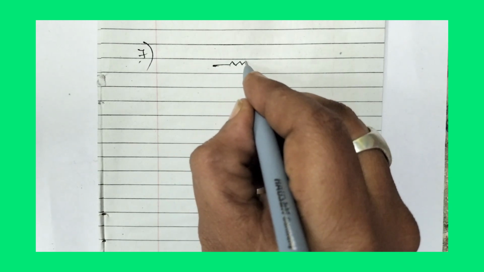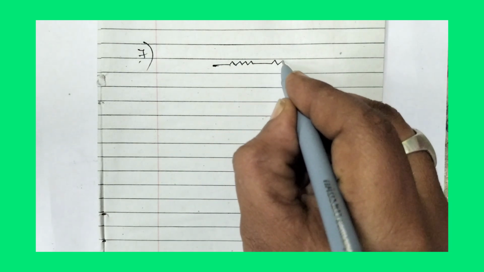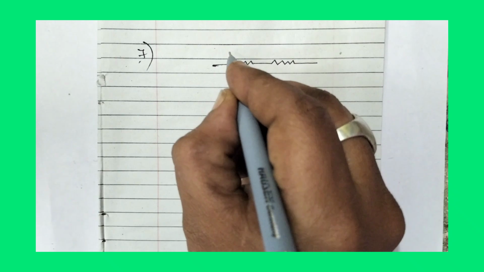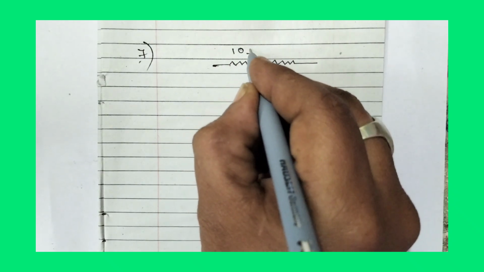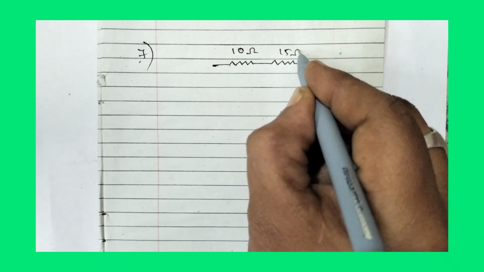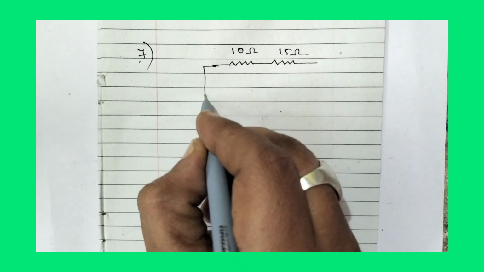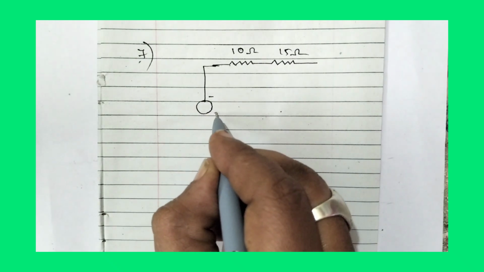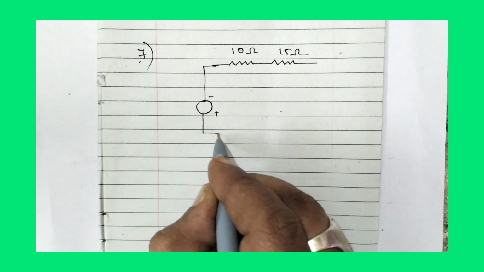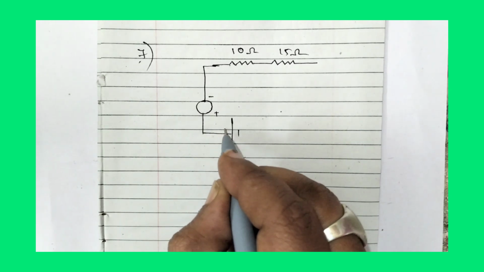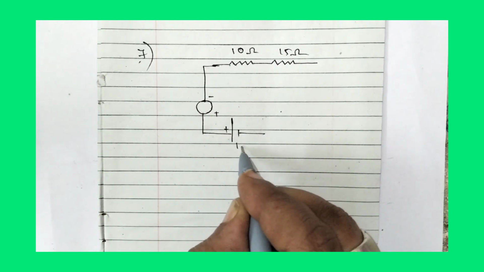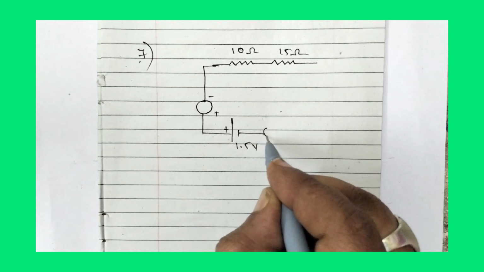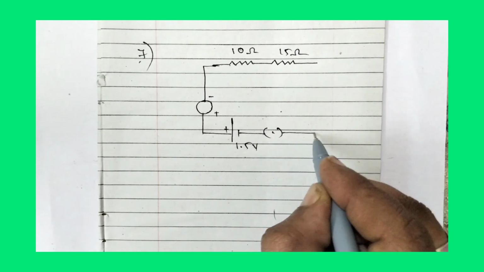Let us write the two resistors: this is a 10 ohm resistor and this is a 15 ohm resistor. Both are connected in series. The ammeter is connected in series. Then a cell is there, the voltage of the cell is 1.5 volts. One switch is connected.